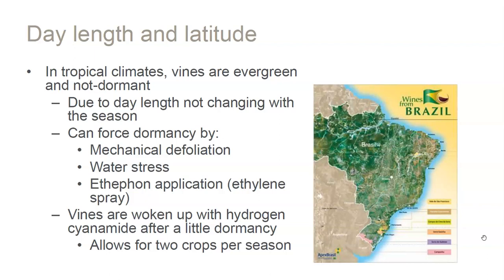And then you let it go into this kind of forced dormancy for a couple weeks, a month. Vines really don't have to be dormant for that long. And then you just wake them up with a product called hydrogen cyanamide, which is Dormex, the trade name. And they can get 2 crops in a season in equatorial regions.